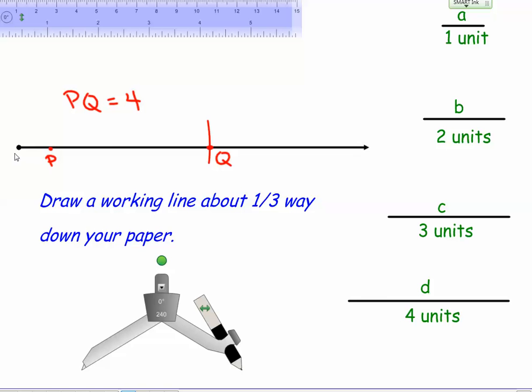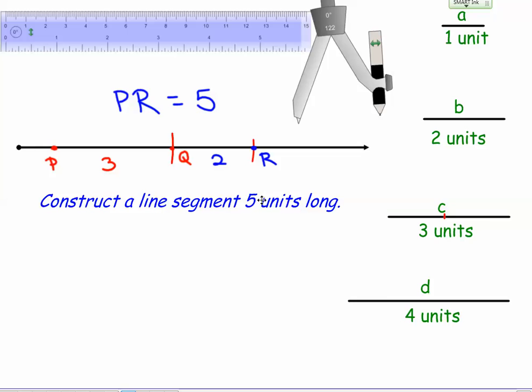So we began with a working line, we established point P, and we used that as our left end, and then we used our compass to find where Q is. Then we had to construct a line segment 5 units long. So I walked you through this. Again, we started with our working line, we established point P, we put our compass on the left end of C and our pencil on the right end of C, and we made our arc, and that was 3 units long.